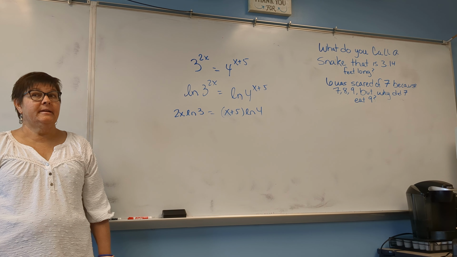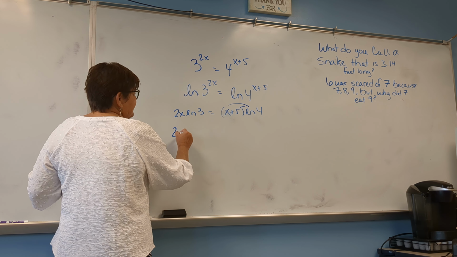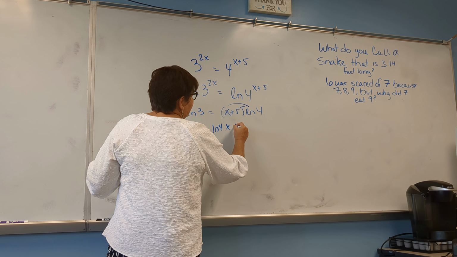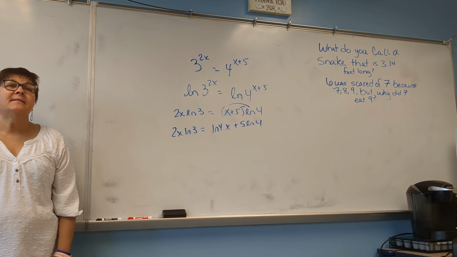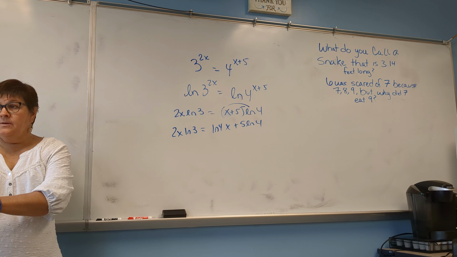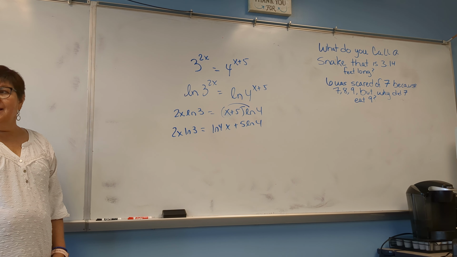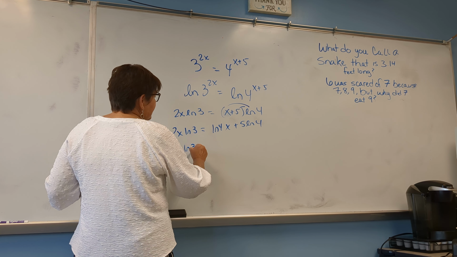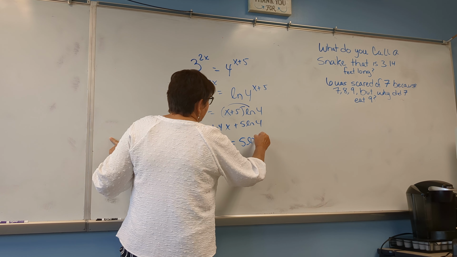So you distribute this through, so you have 2x ln of 3 is equal to ln of 4 to the x plus 5 ln of 4. If I distribute it, I can bring all my x's to one side and everything that doesn't have an x to the other side. So I would have 2x ln of 3 minus ln of 4 with an x equals 5 ln of 4.